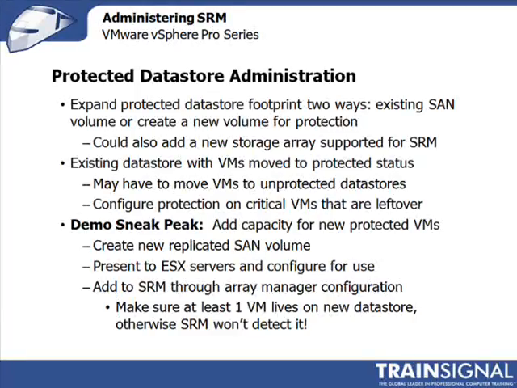We'll then present that storage to the ESX servers and configure them for production use. Finally, we'll add the protected data stores into SRM through the Array Manager configuration and allow the Array Manager to rescan that storage device to look for replicated volumes.